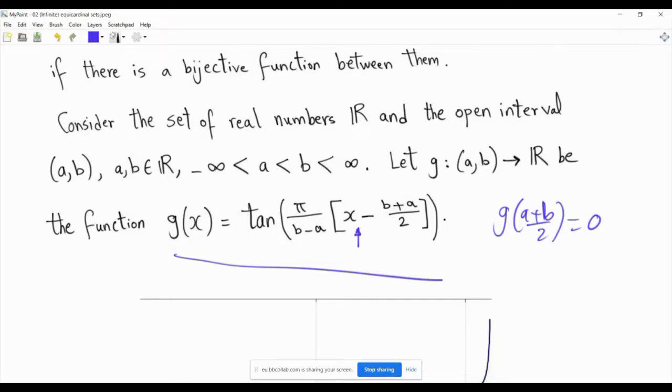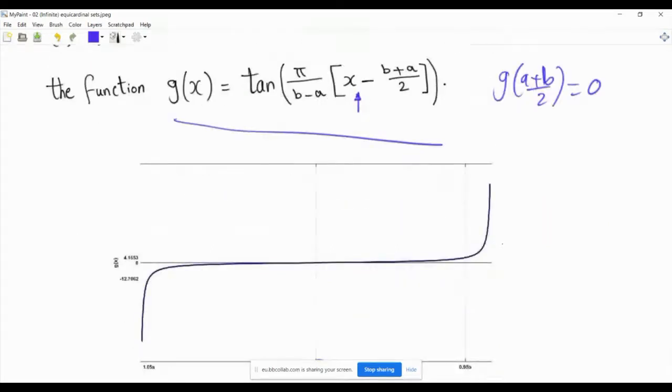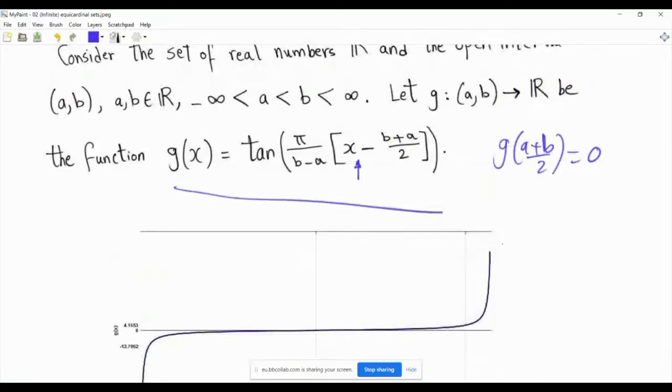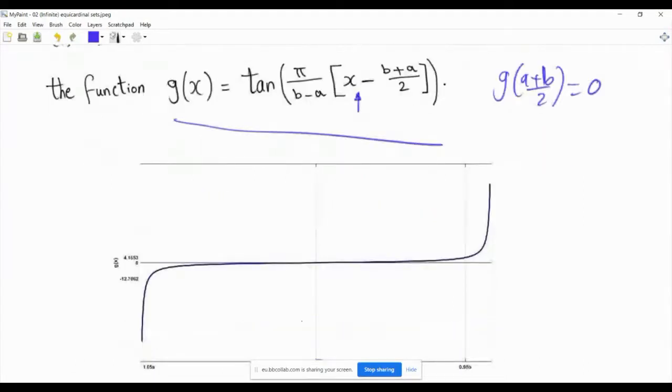If x is above a plus b over 2, you get positive values. If it is below, you get negative values. Those values increase dramatically as x approaches b from the left, and it goes to negative infinity as x approaches a from the right.